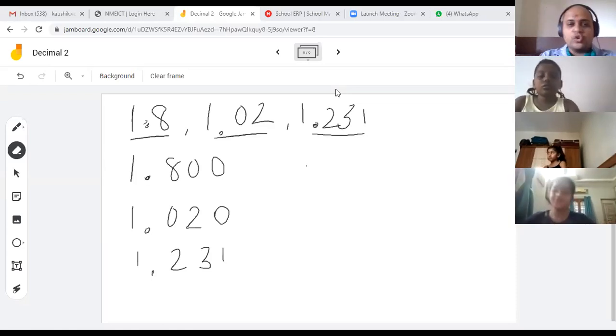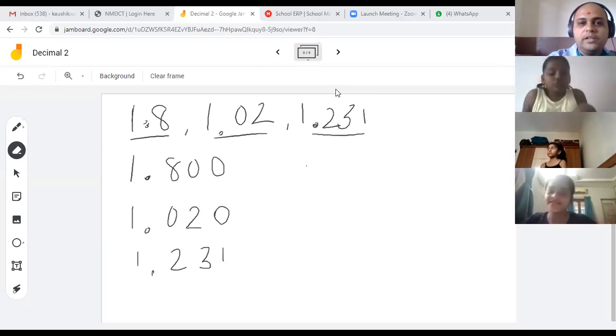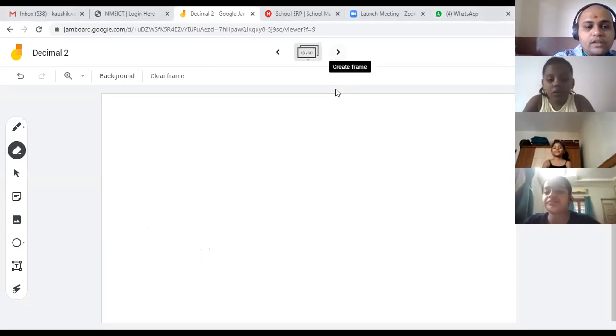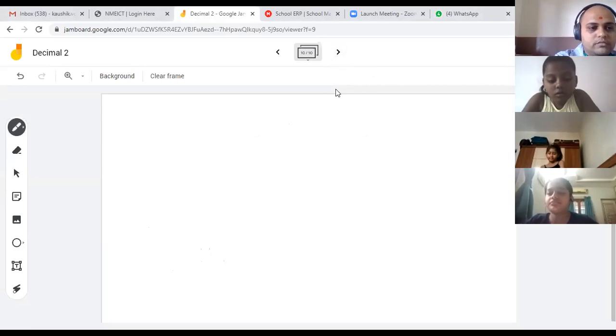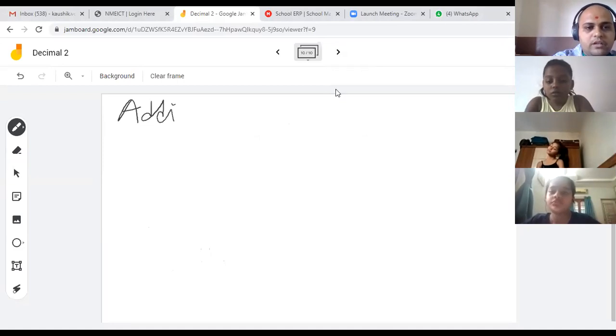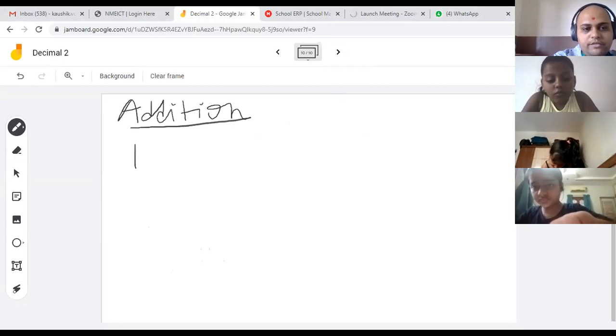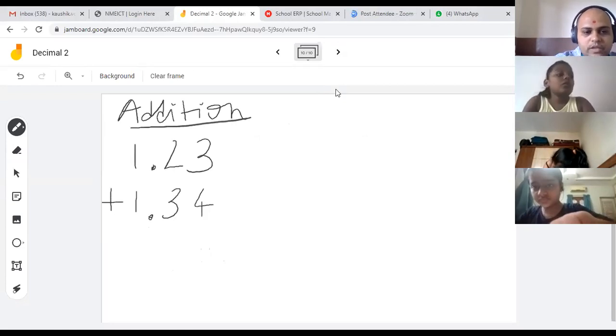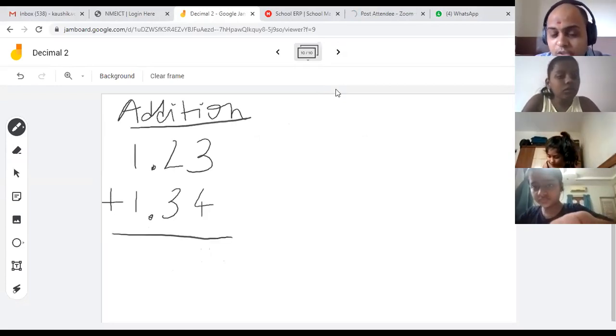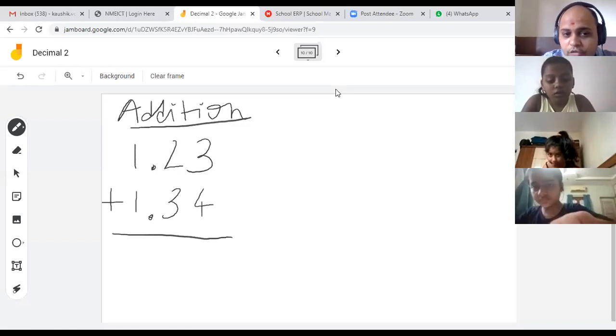Okay everyone, so we are going to take the next example, addition. Let's take an example of addition, where 1.23 plus 1.34. Now this is a very important part. The decimal point of one number should always be right below the other number.